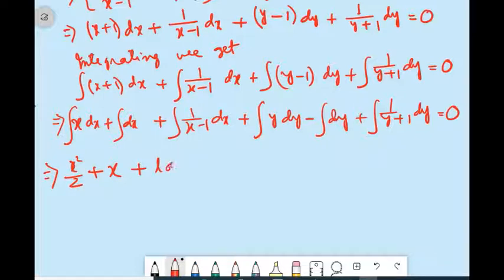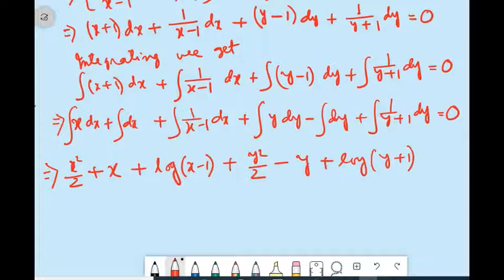So if we integrate this 1 by (x − 1), it will be log of (x − 1) plus y dy is y² by 2 minus this dy is y plus log of (y + 1) is equal to log of c, because every time we will get a constant of integration.